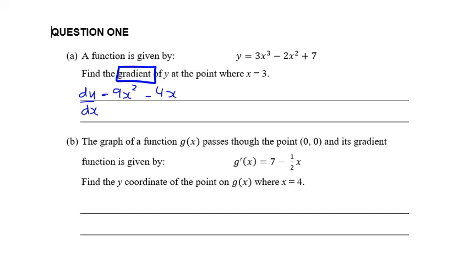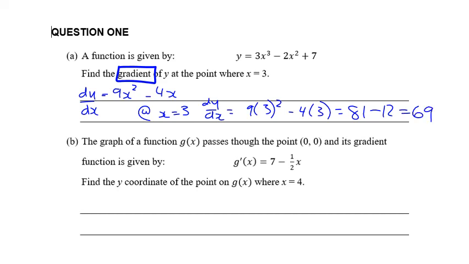At x equals 3, dy by dx is 9 lots of 3 squared minus 4 times 3. 3 squared is 9, times 9 is 81. 81 minus 12 is 69. Doing all that, that's what got me my achieved mark.